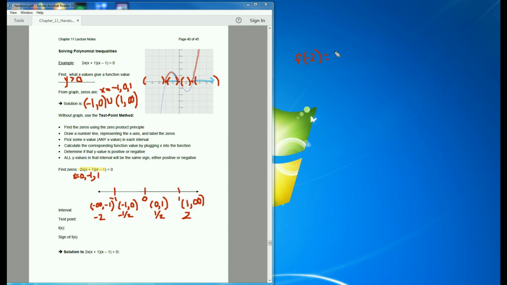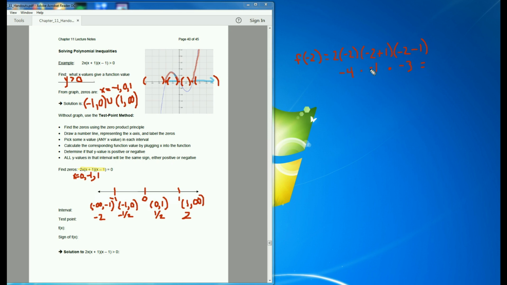So it's 2 times -2, times x plus 1, so -2 plus 1, and -2 minus 1. So 2 times -2 is -4, times -2 plus 1, which is -1, times -2 minus 1, which is -3.